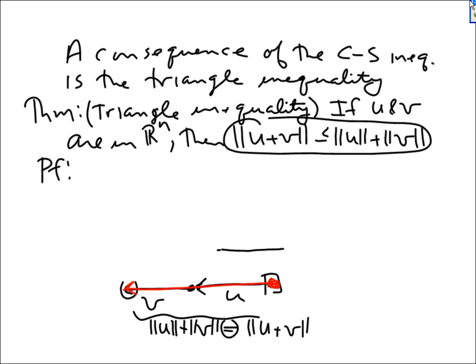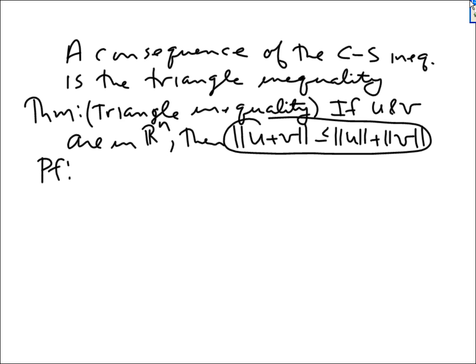This piece plus this piece, how long? Well, I broke it up here. This piece plus this piece, assuming they lie in a straight line, how long is it? The length of the whole thing. So only when the angle between the two vectors is 180 degrees and they go in the same direction will you have equality.